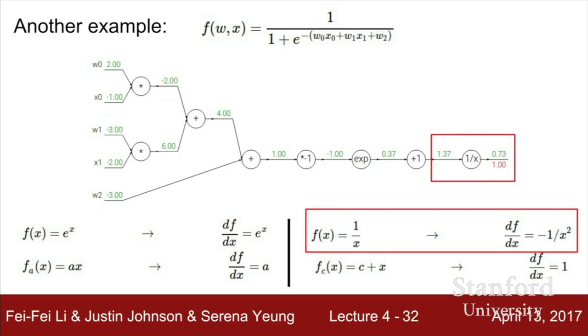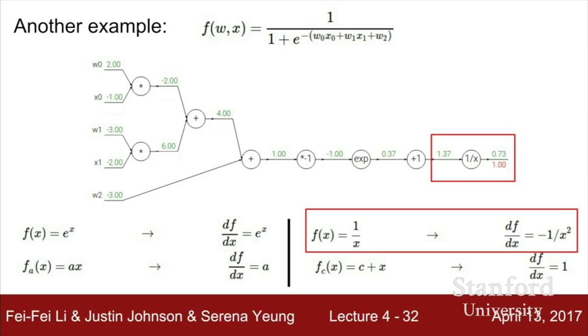Okay, so now when we're going to do backprop through here, again, we're going to start at the very end of the graph. And so here again, the gradient of the output with respect to the last variable is just 1. It's just trivial. And so now moving backwards one step, what's the gradient with respect to the input just before 1 over x?